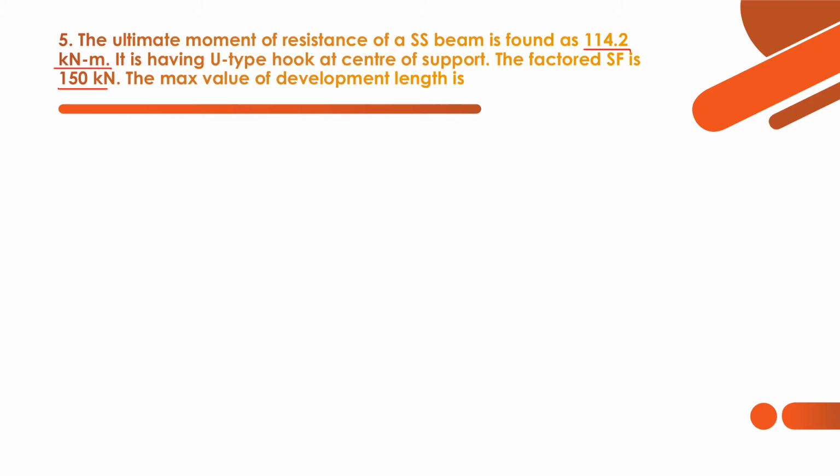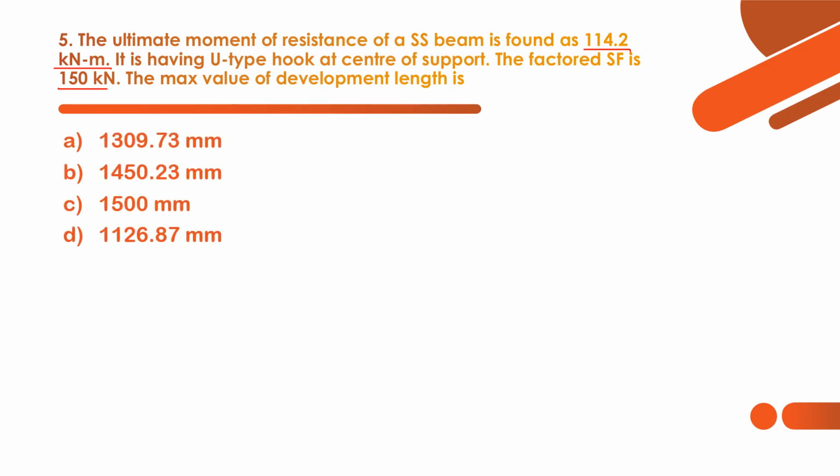What is the maximum value of development length? So this question is also based on development length. They have given the values such as ultimate moment of resistance, that is M1, and factored shear force also they have given. So we have to find the maximum value of development length, that is LD.